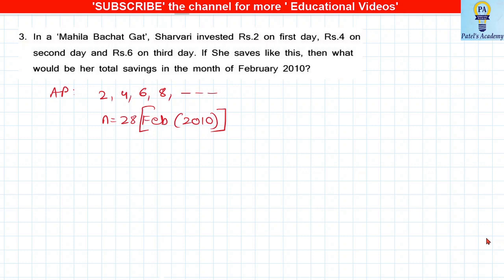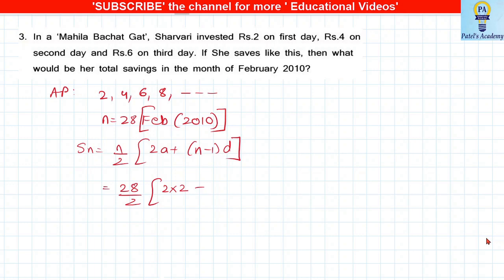So Sn equals n upon 2 (2a plus (n minus 1)d). n is 28 upon 2, 2 into a is 2, plus n is 28 minus 1, d is 2. So this will reduce to 14.